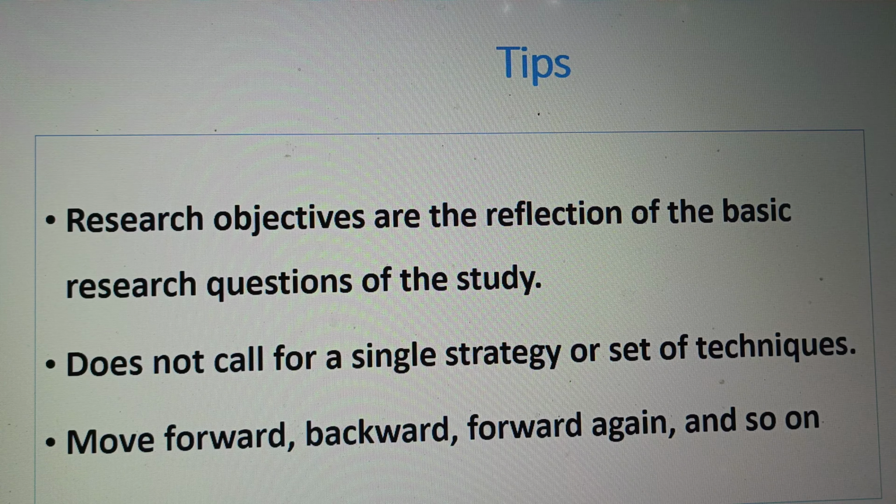Therefore, as a researcher, you should not stick to one way of doing things. Whenever you do research, there should be a milestone, but you do not simply go straight forward. There are situations when you move forward, come back, go backward, and revisit or revise what you have done so far, and smooth it and make it better from time to time, and you go forward in that way.